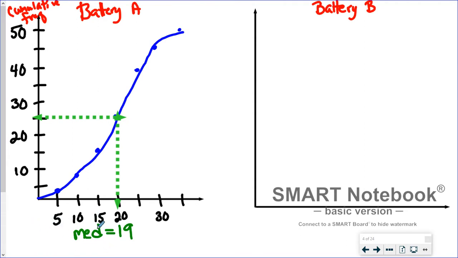And then down here, this would be duration. All right, so same thing over here, you would say cumulative frequency. Down here, you would say duration.